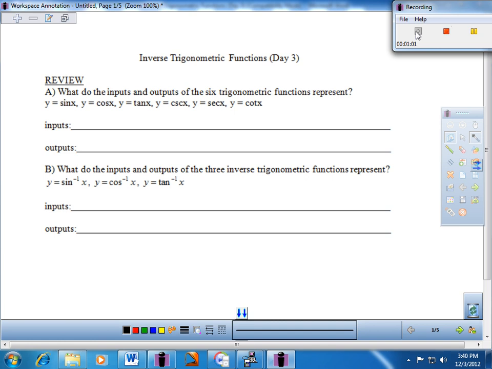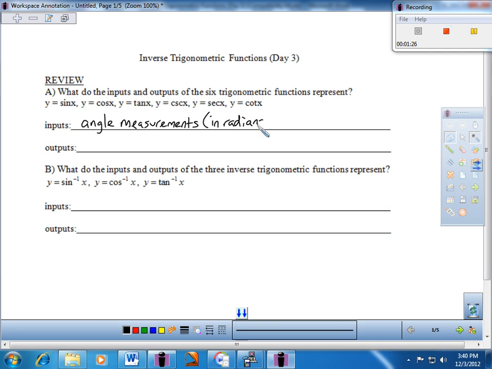I'm going to write a few things down on my board, and you can paraphrase a little bit if you'd like. But in essence, when we're talking about the independent variable of our trig functions, the inputs really represent the angle measurements. We do want to be a little careful, because we're talking about them in terms of our functions.